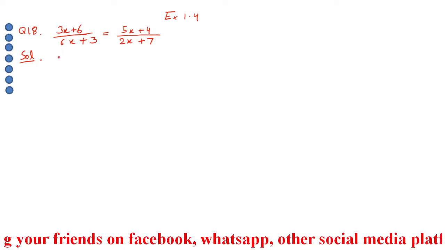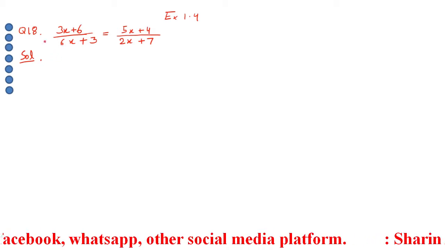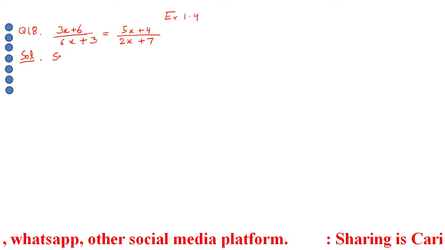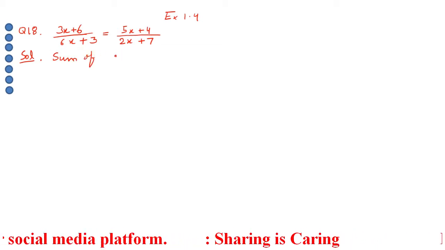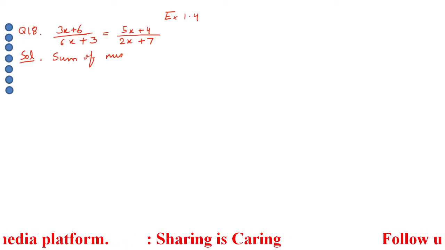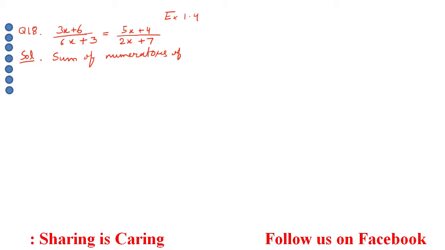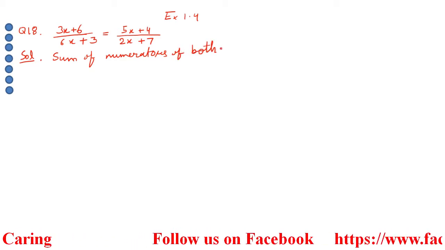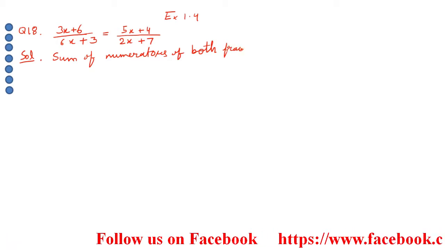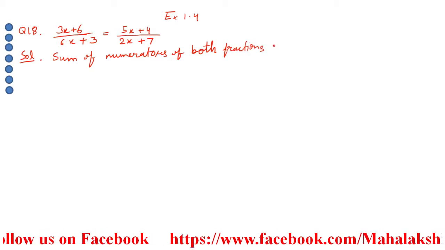First we will move to the fourth meaning of the sutra, that is, the sum of numerators. So we will start to write here: sum of numerators of both fractions.